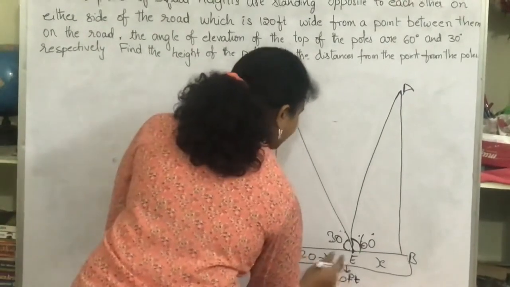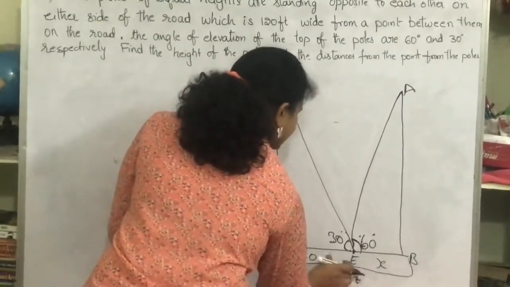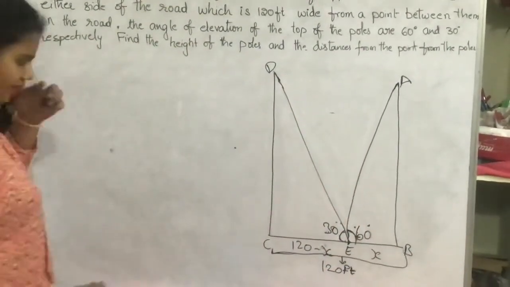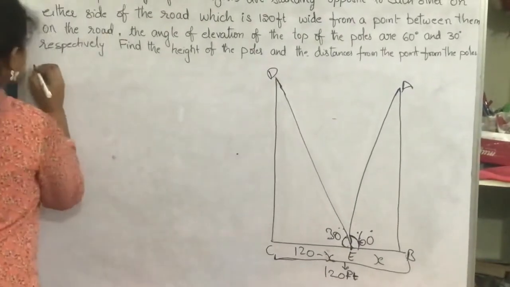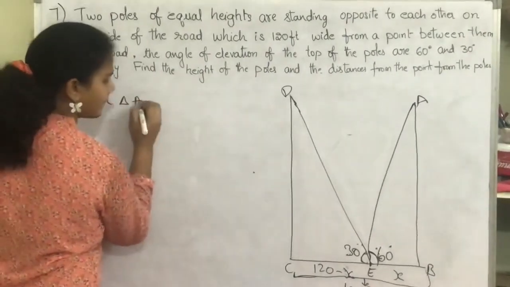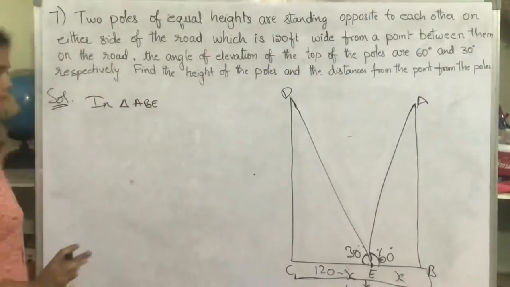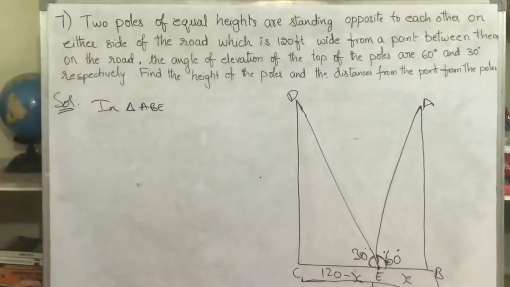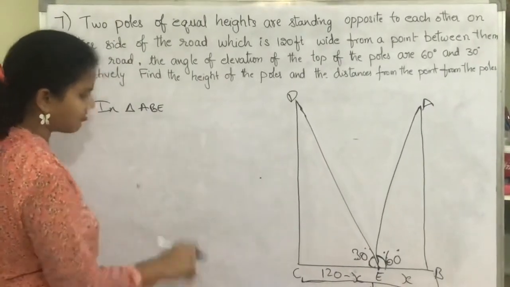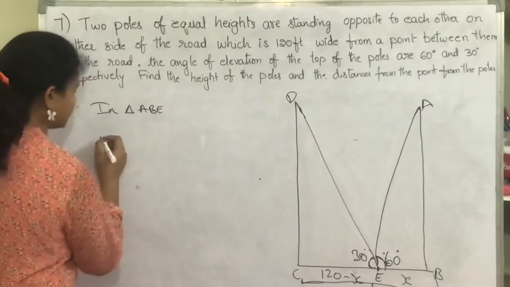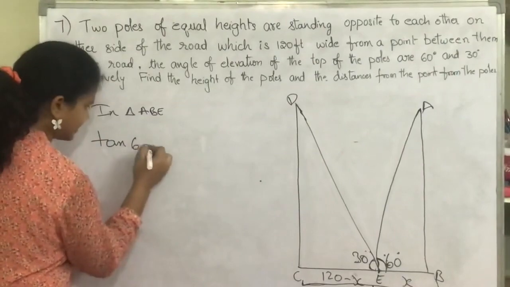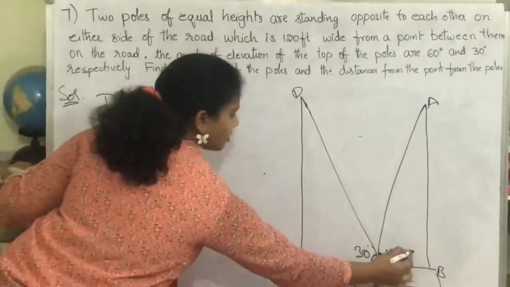Now let's consider triangle ABE. In triangle ABE, let's consider opposite side by adjacent side. tan 60 degrees equals opposite side by adjacent side.